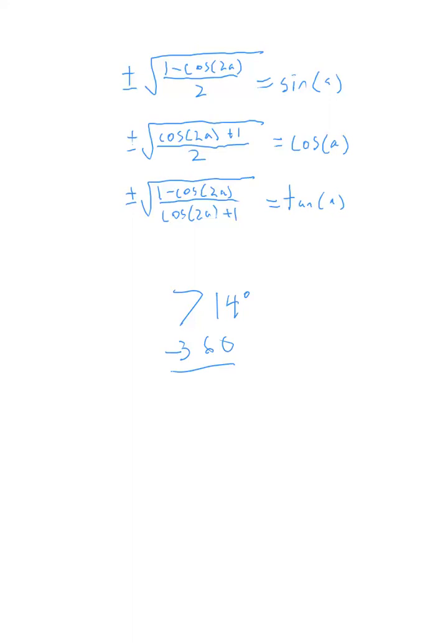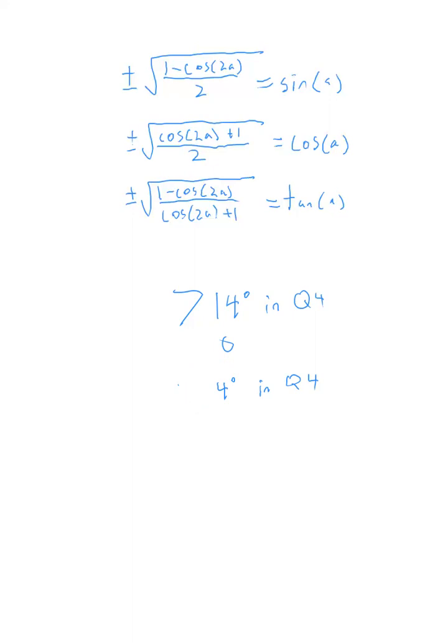So 714 minus 360 turns out to be 354 degrees. What quadrant is 354 degrees in? That's in quadrant 4. So 714 degrees is in quadrant 4, because it sits in the exact same spot as 354.